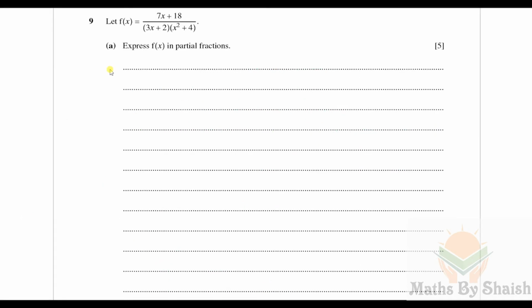And here's question number 9. Let f(x) is equal to (7x plus 18) over (3x plus 2)(x square plus 4). Express f(x) in partial fractions.